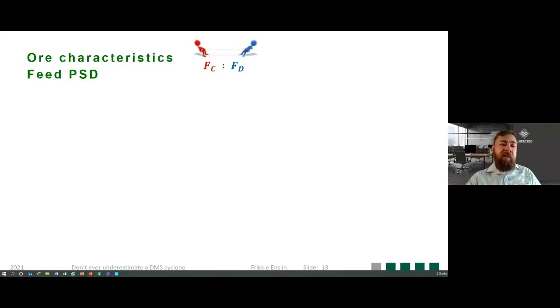So for each and every particle passing through a cyclone, there are basically two main forces acting on these particles. The centrifugal force, indicated by the red FC there on your left, pulling the particles to the outside wall of your cyclone, and then the drag force, pulling your particles to the inner core of your cyclone. So if we look at the definitions or formulas, there's a formula for centrifugal force and a formula for your drag force.